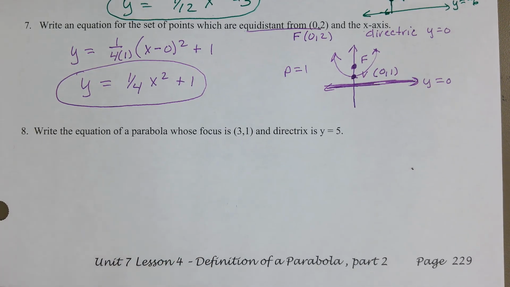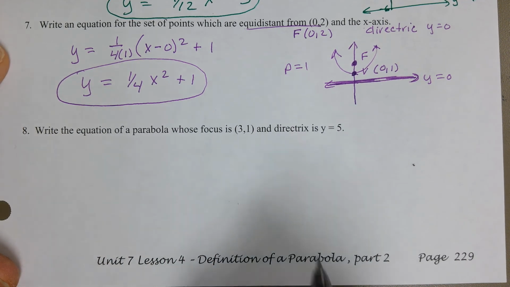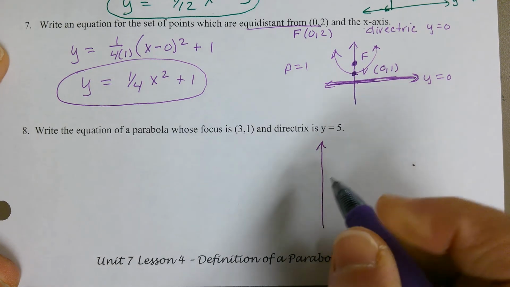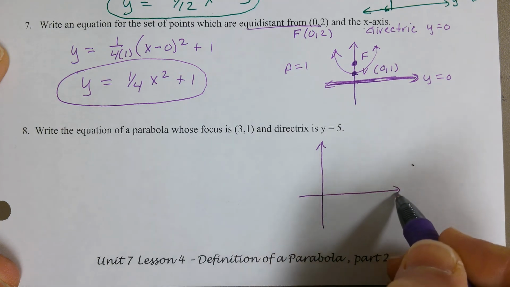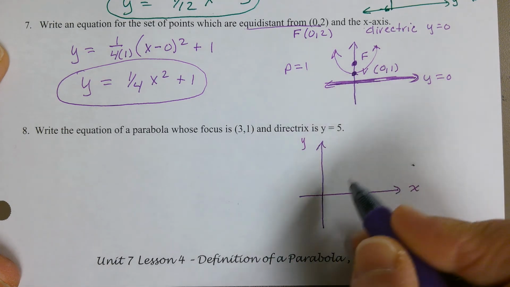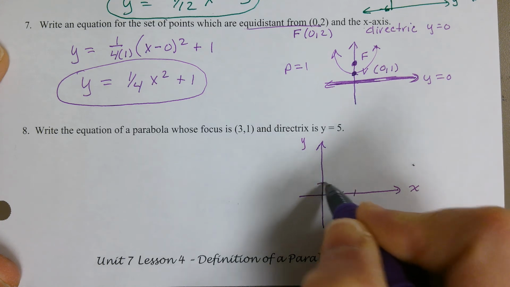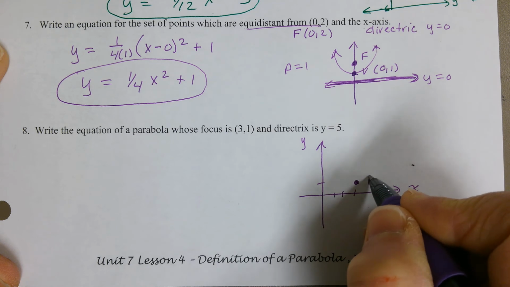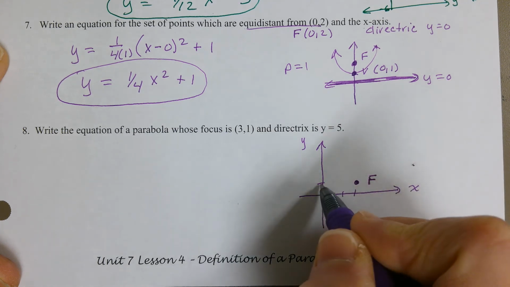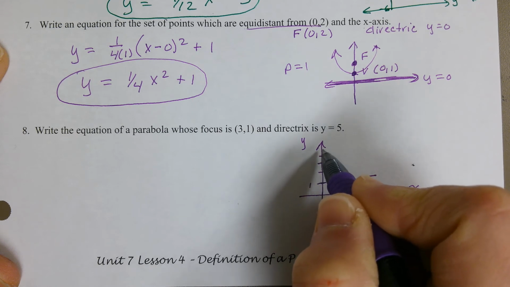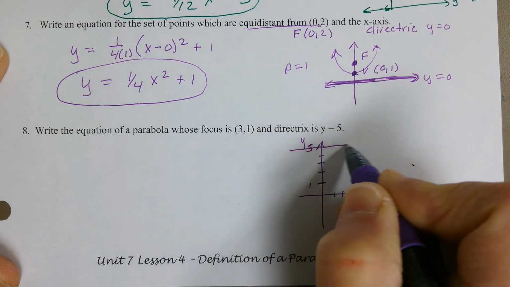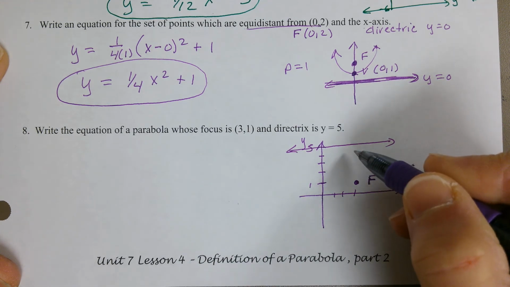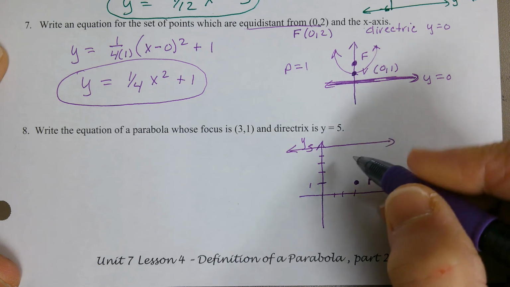And our last question, write the equation of a parabola whose focus is 3, 1 and directrix is y equals 5. This is the focus 3, 1, directrix y equals 5. The vertex is going to be midway between the focus and our directrix.